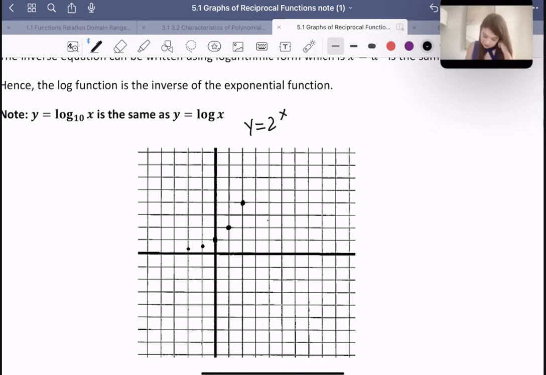And then 2 to the power of 3 is equal to 8. So let's connect those dots. Okay, so what would the inverse of that look like? Basically, we swap our x's and our y's. We're going to reflect through the y equals x axis like this in order to get it.